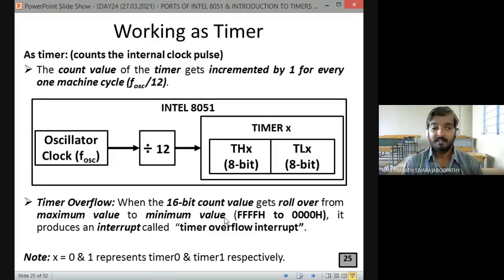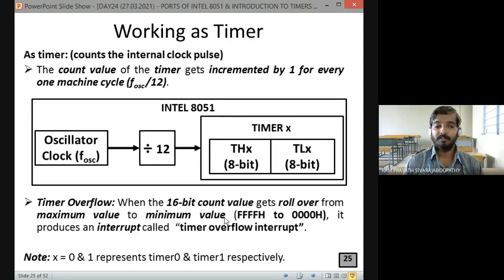This process of changing from maximum value to minimum value is called timer overflow. Overflow means exceeding beyond the limit. So when the count value goes beyond the 16-bit range, we call it overflow. It produces an interrupt called timer overflow.